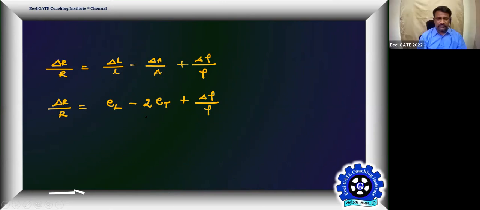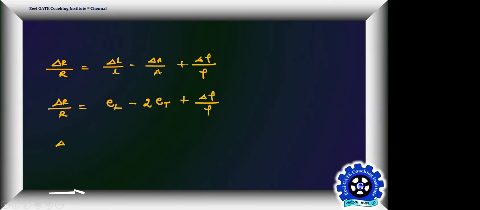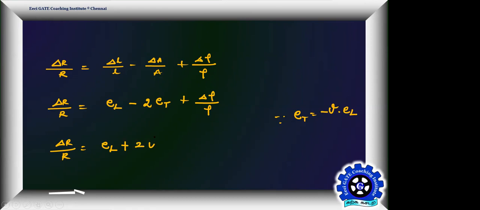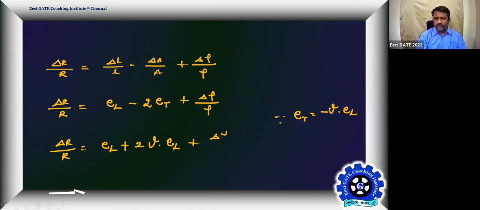Then we know delta R by R is equal to EL minus 2 times ET, since ET is equal to minus mu times EL. Take it to the expression, it is going to become plus. What is that? 2 times the Poisson's ratio times EL plus delta rho by rho.